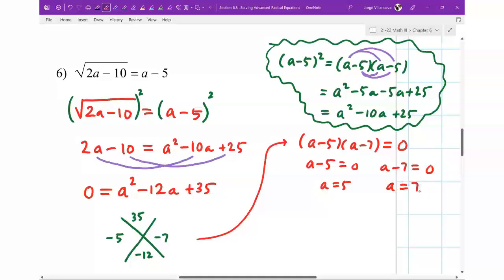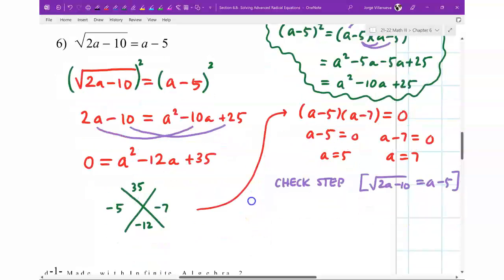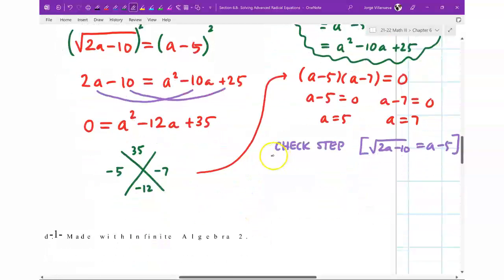So normally we're done, but like I said, unfortunately with radicals, you got to check, right? You can't just let it be. So we're going to check. So we got square root of 2a minus 10 equals a minus 5. Like I said, I'm just writing it right there so I don't have to worry about looking up at the original problem.